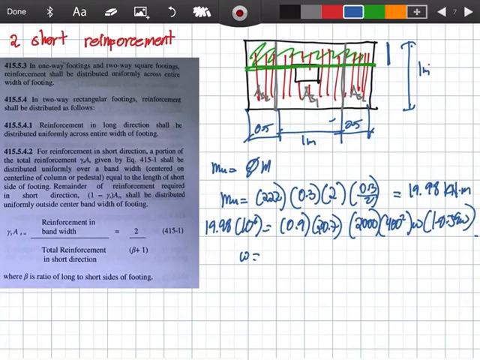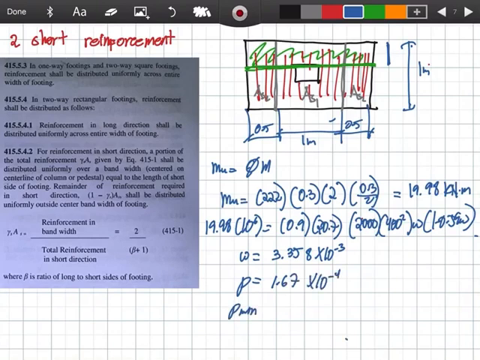Shift, solve, at ang x ay 3.358 times 10 raised to negative 3. At ang omega niya ay times 20.7 over 414.7, 1.67 times 10 raised to negative 4.